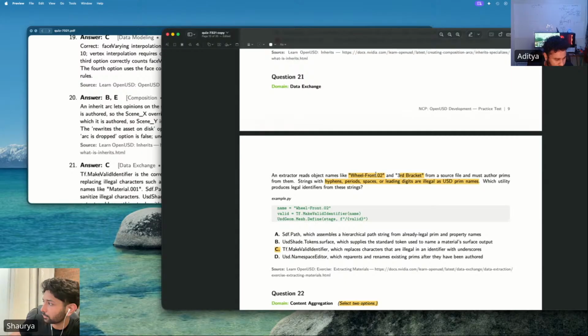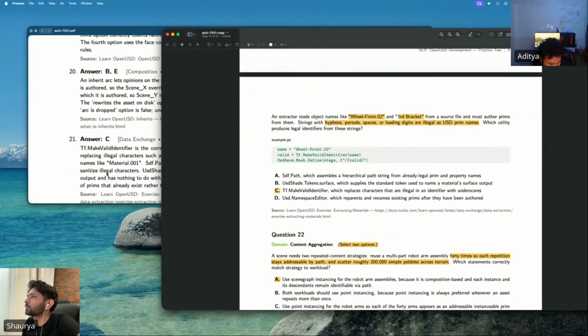Valid identifier: replaces characters that are illegal in an identifier with underscores. Okay.